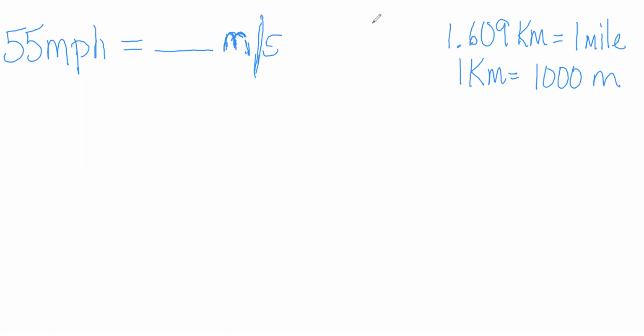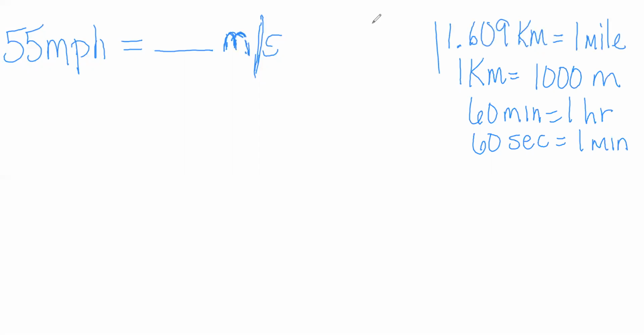And we need to know that there are 60 minutes in an hour, and that there are 60 seconds in 1 minute. Okay, so that's our conversion factors. All right, so I'm going to tell you to pause it again and try to do this one on your own.